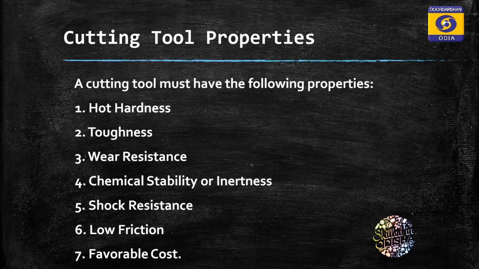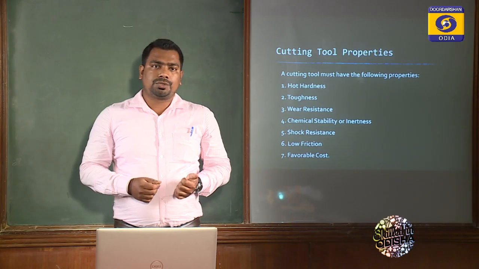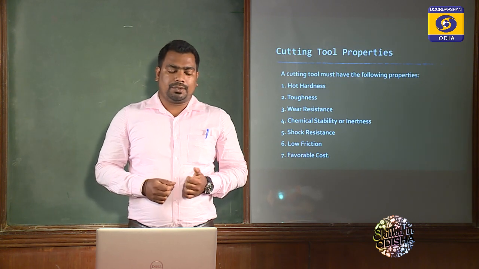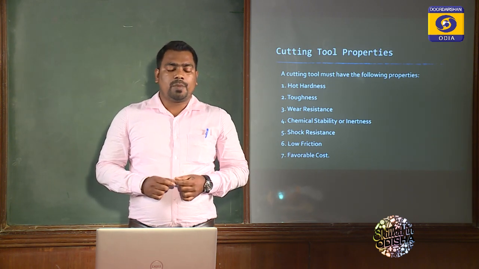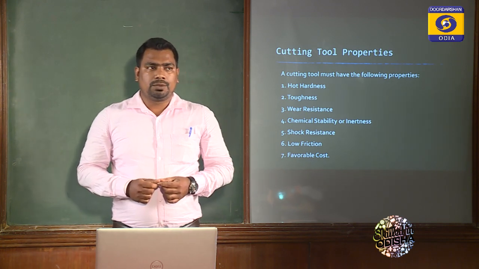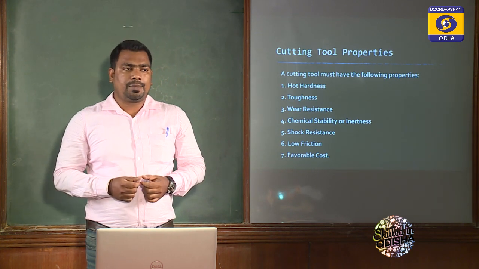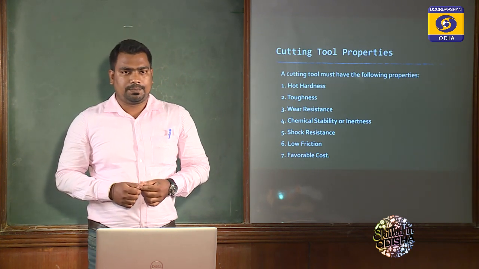Hot hardness means when the cutting tool material cuts the job or workpiece, a high amount of temperature is generated. So at those high temperatures, the cutting tool material must possess its hardness. This possession of hardness at high temperature is called hot hardness.